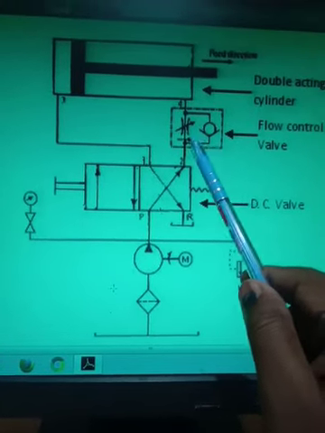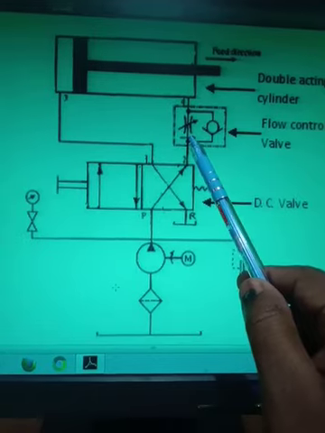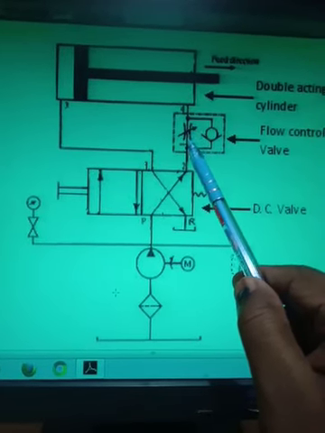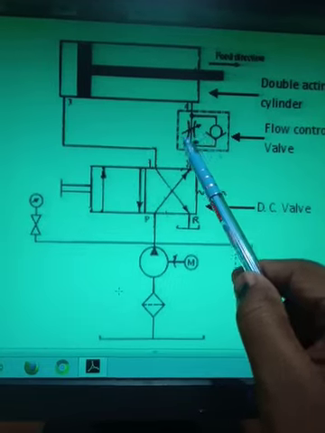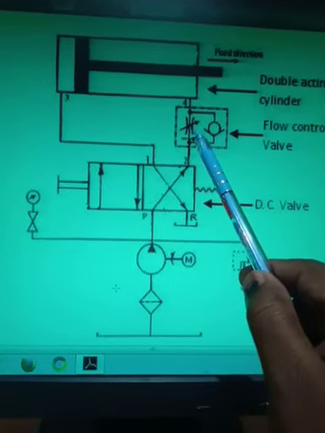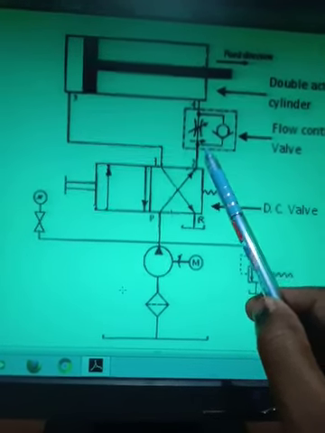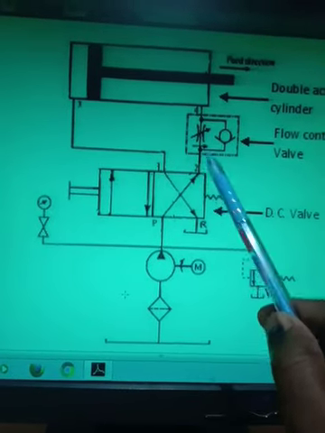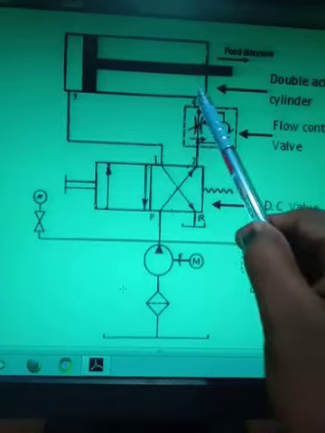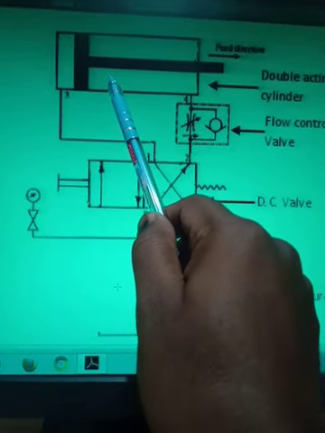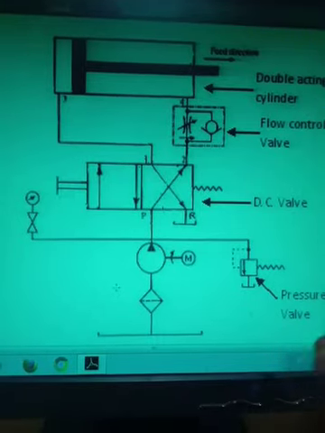So for example, let us say it is 70%. It will have some resistance, and as it has resistance, the opening will be small. Therefore this oil will not come quickly through the flow control valve, and as the oil does not come out quickly, the motion of the actuator will become slow.